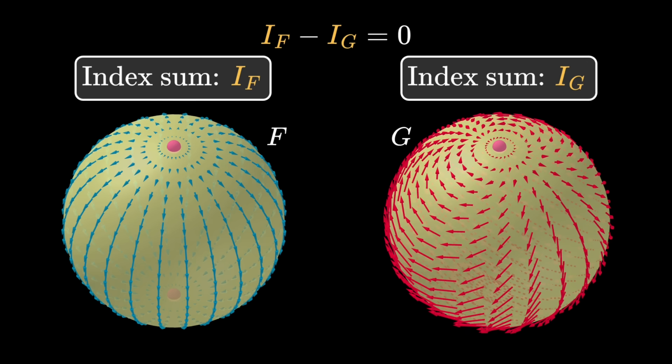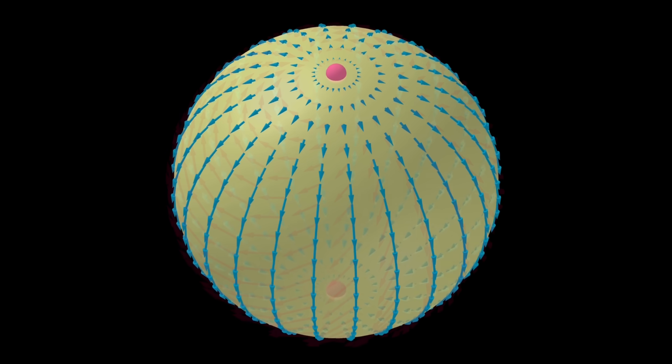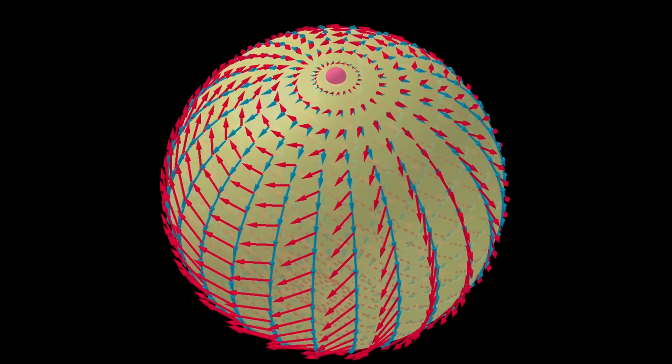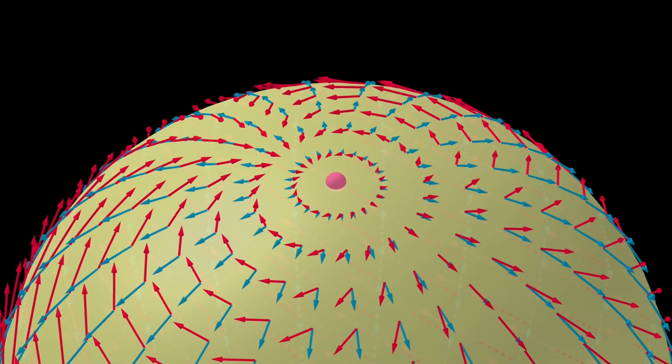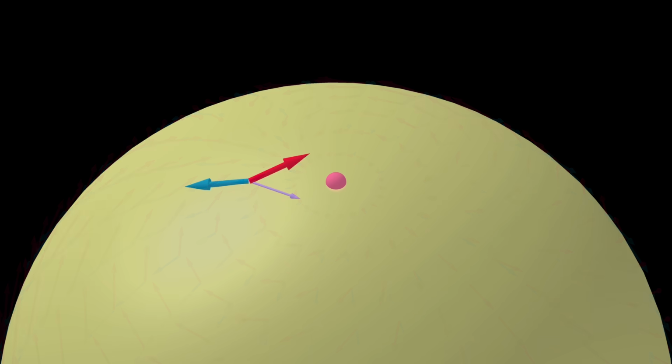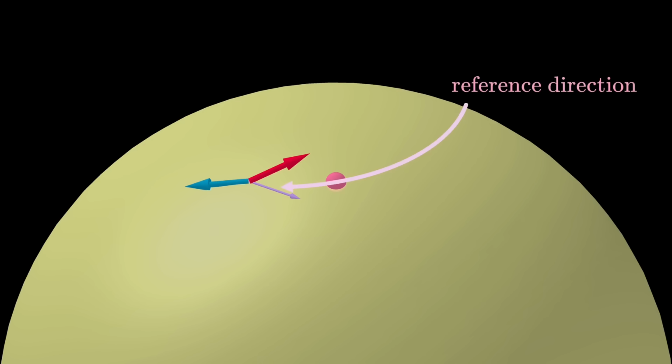To do that, let's zoom back into some zeros and compare the indices of the two vector fields. At a particular point around the zero, there are 3 different vectors of interest. First, the reference direction, and the 2 vectors from the vector fields f and g at this point.